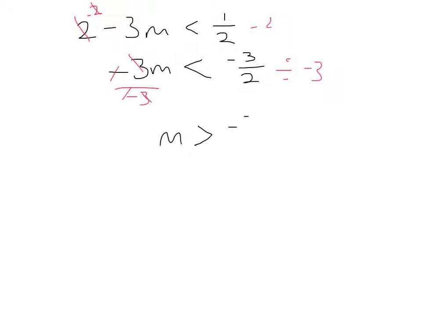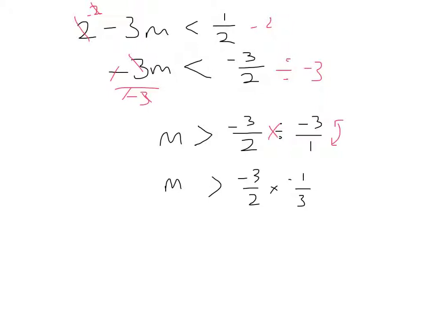So we've got negative 3 over 2. I'm going to write this second term here as negative 3 over 1. And then we're going to treat it like our normal fractions just to show you what's going on. We flip it upside down when we divide by a fraction. We'll turn it into a times. So this is now m is greater than negative 3 over 2 times by negative 1 over 3.